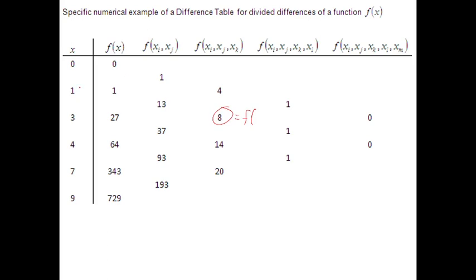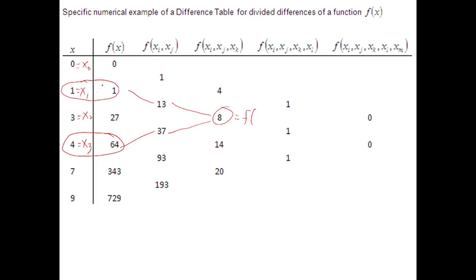So this is x sub 1, x sub 0, x sub 2, x sub 3. As you notice, 8 here has something to do with 13 and 37, has something to do with 1 and 64, and it has something to do with x sub 3 and x sub 1.